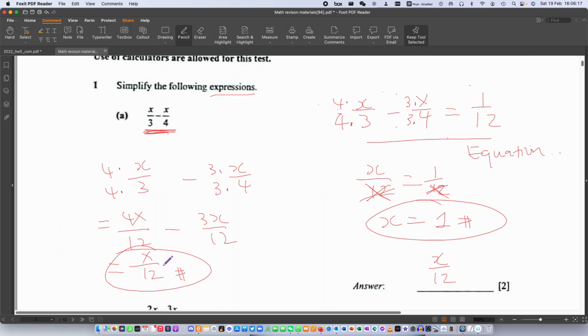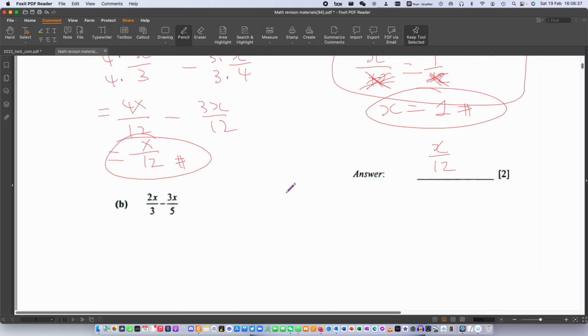When can you delete the denominator? If it's an equation. If they're the same denominator, left and right, you can delete the denominator. So you end up with x equals 1 for this question. Are you clear? So equation you can, expression cannot.